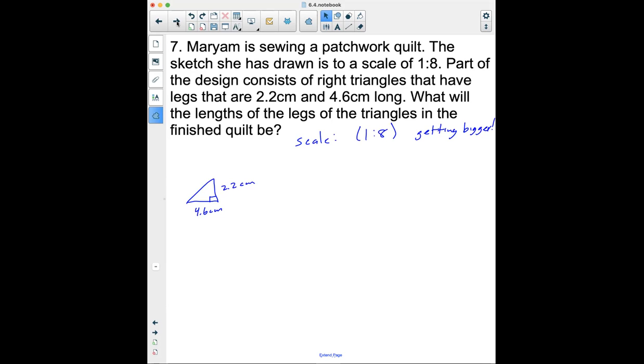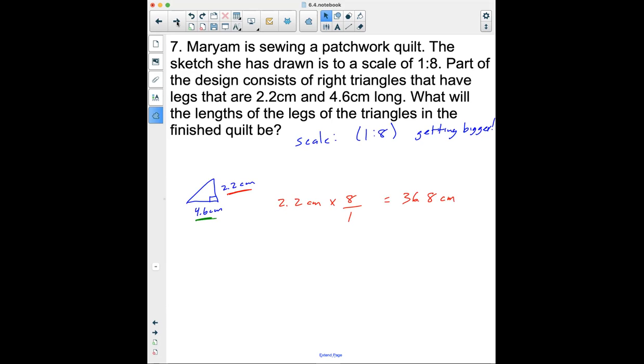To find the lengths for the finished quilt, let's do one side at a time. So 2.2 centimeters is multiplying by a factor of 8 over 1. That is equal to 36.8 centimeters in length. That's for this side right here.